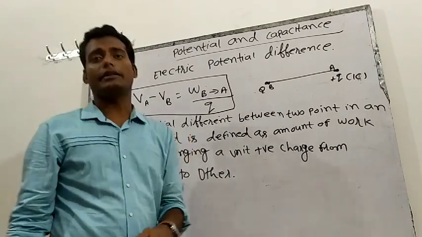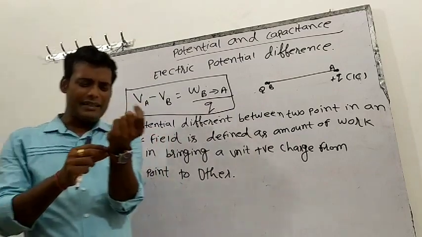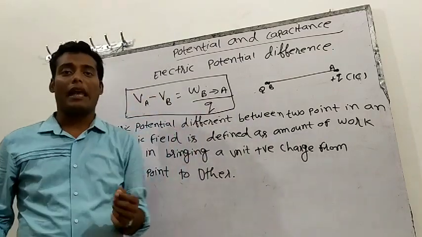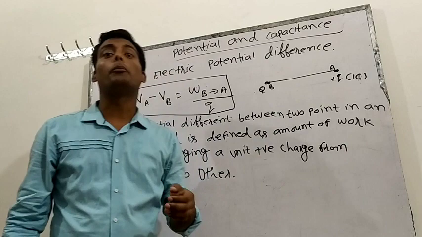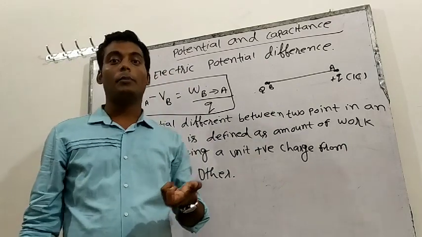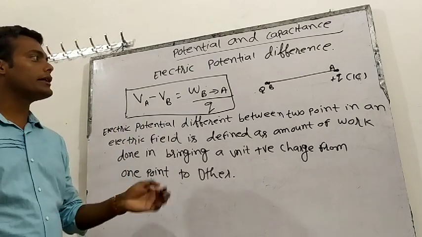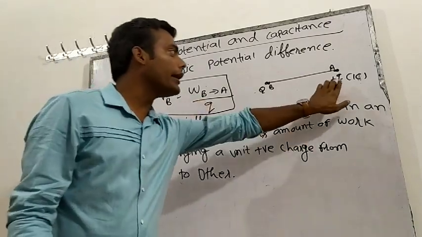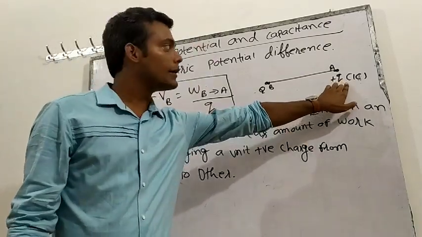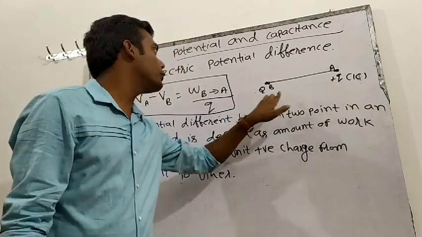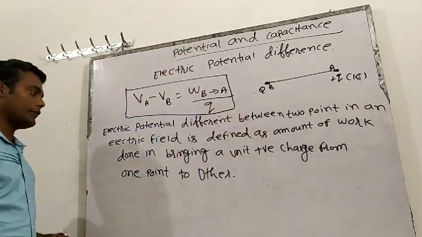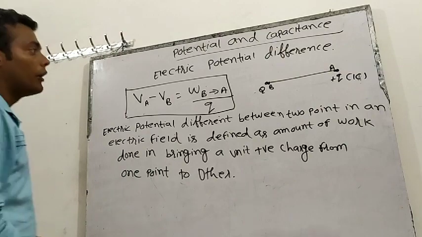Actually, there is no such concept as potential by itself. The basic concept comes from potential difference. Potential difference is defined as the work done in bringing a unit coulomb charge from one point to another.